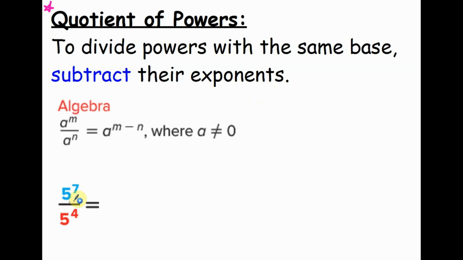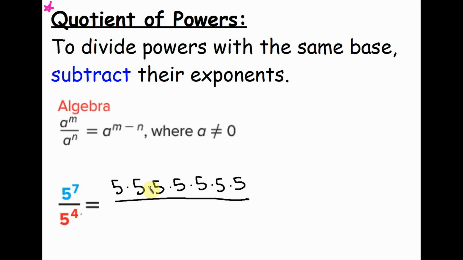By using the definition of exponent, 5 to the 7th power means you have 5 how many times? 7 times. Over, you're going to have 5 to the 4th power, so you have 1, 2, 3, 4 times. Now, when you're simplifying, imagine that you are having 5 over 5. What's 5 over 5 equal to? This becomes 1.